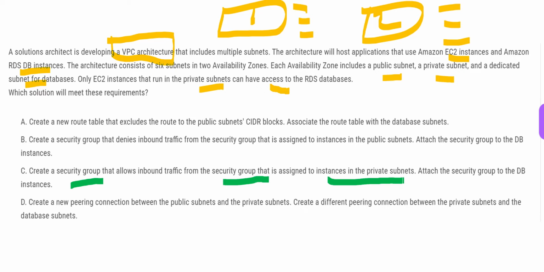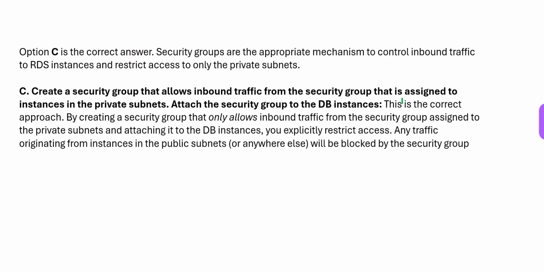That means only private subnet instances can get here. Then you attach this group to the database. So the database will say, if you are coming from the private subnet, I will talk to you. Otherwise, I will not. So this is all about traffic control.